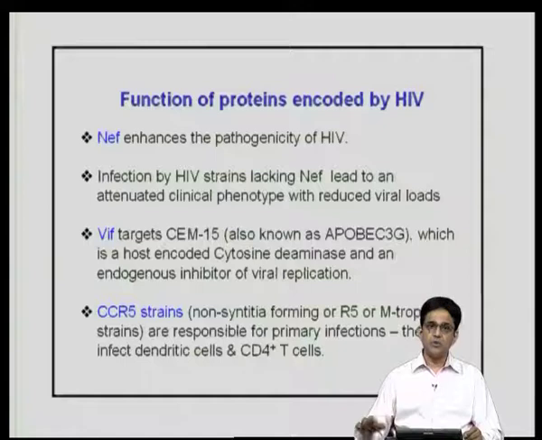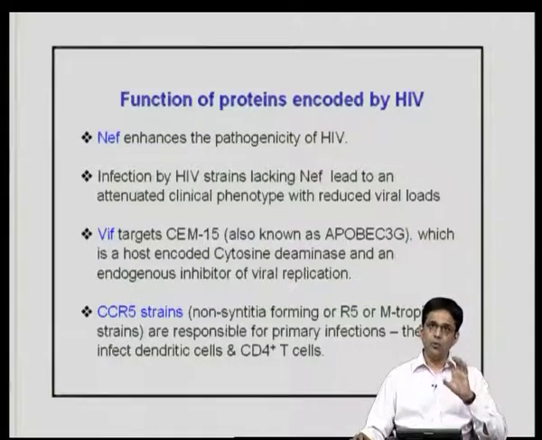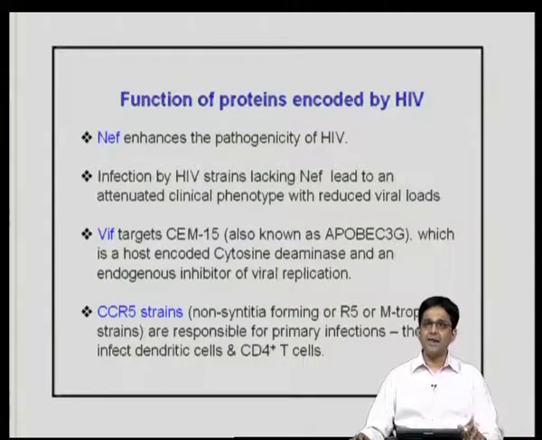The cytosine deaminase is a host response to take care of such particles, and that is perhaps why HIV has evolved, or been selected, to encode molecules like VIF, which target the cytosine deaminase, as it is an endogenous inhibitor of viral replication.